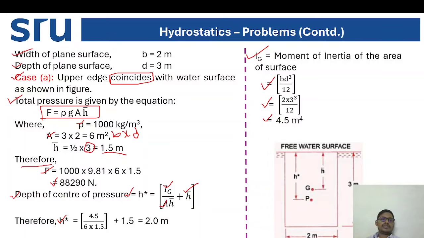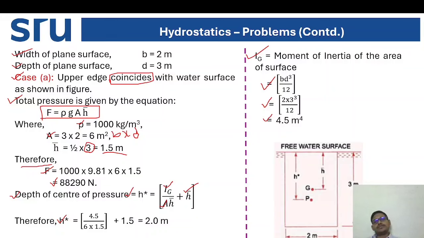And for the first one, coinciding, force equal to rho g into A into H bar. So rho already we know, 1000 kg per meter cube, and A is equal to 3 into 2 meter, that is equal to 6 meter square, and H bar is equal to half into depth, that is half of 3. So we got 1.5 meters. So force equal to 1000 into 9.81 into 6 into 1.5, that is 88,290 newtons. And depth is H star equal to Ig by A into H bar plus H bar.